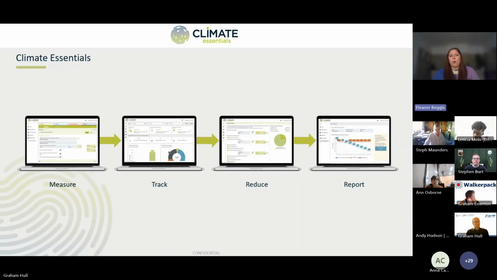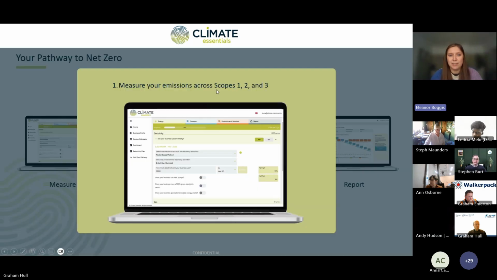So we're not going to do a demo today because that would probably take up too much time. But if anyone's interested, happy to take that off on another call. Our platform is mostly split into these 4 sections: your measure, your track, your reduce, and the report. Next slide, please.